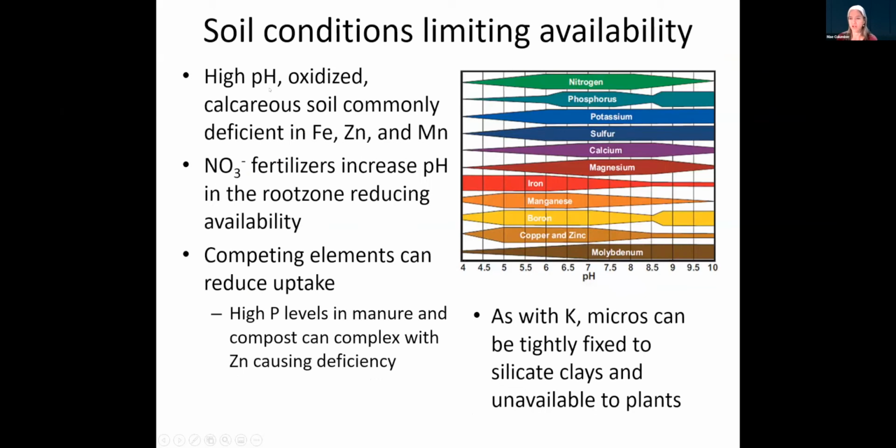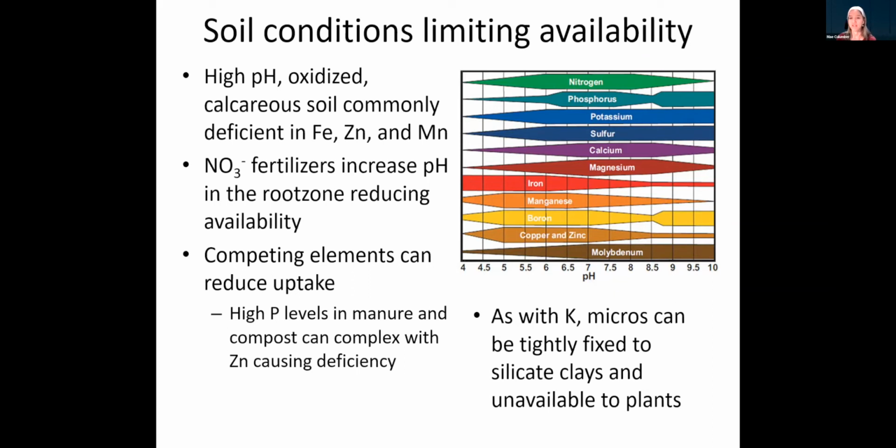And so what's the cause of that in our growing areas? Well, a lot of our growing environments are high pH. They're oxidized calcareous soils that tend to precipitate out these micronutrients. So it's not uncommon to see in walnut in particular deficiencies in zinc and manganese, and sometimes iron.